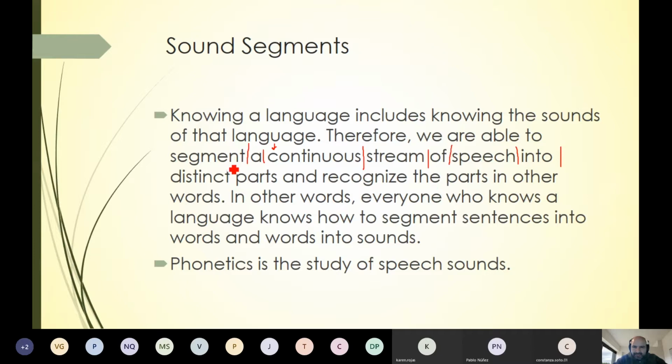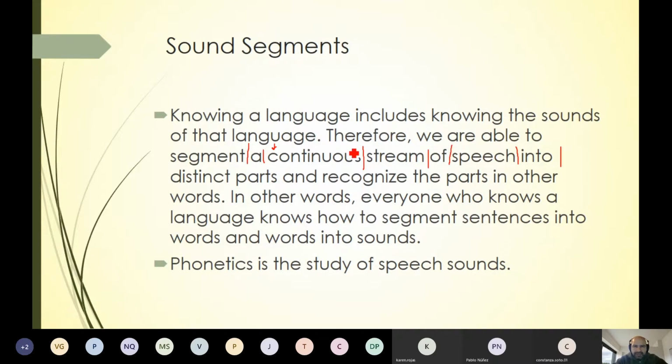If you're not able to segment, you hear only one long sentence, and if you're listening to someone speaking in a language that you don't know, for example, Japanese, we just hear a continuous string of sounds, and we're not able to segment the message to know which one is the first word, which one is the last word of the utterance. Okay.